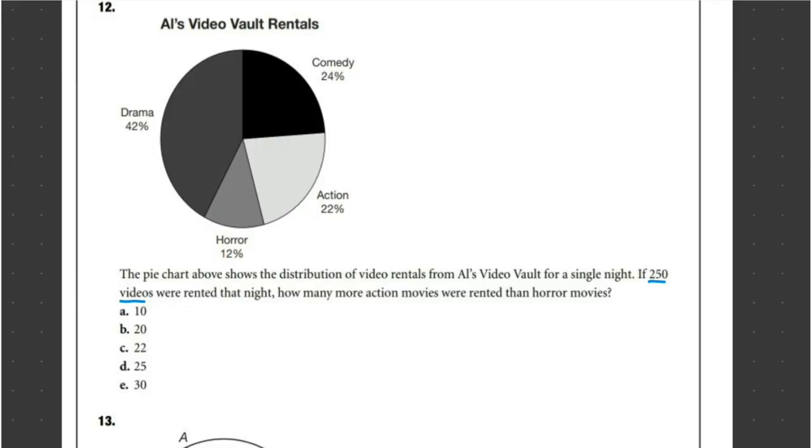There's a total of 250 videos, so we can multiply that by 22%. So there are 55 action movies.